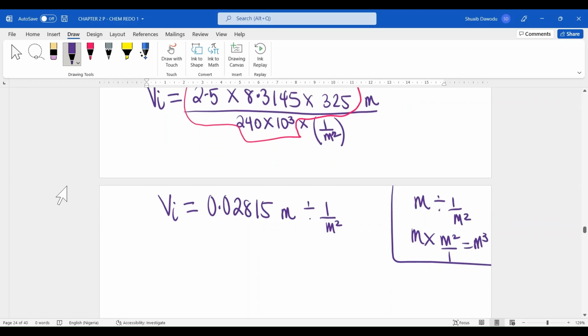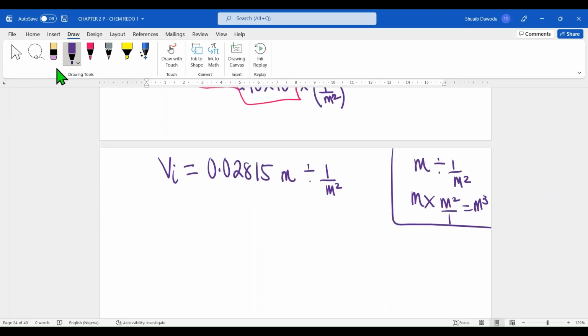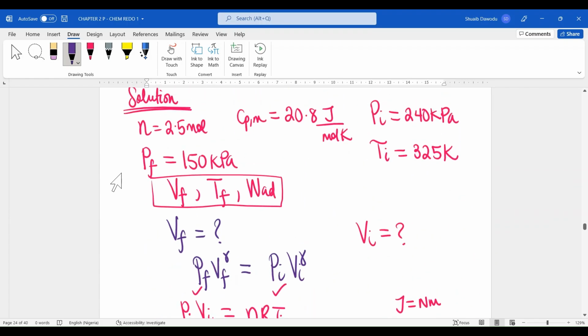So our initial volume, V initial, is simply 0.02815 meter cubed. So we've determined our V initial.